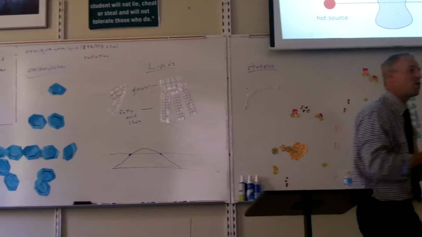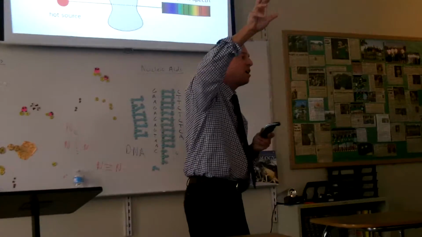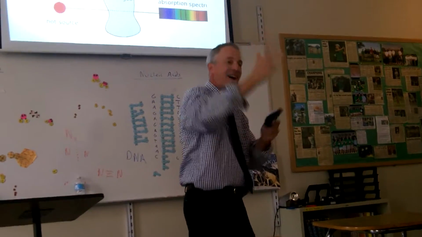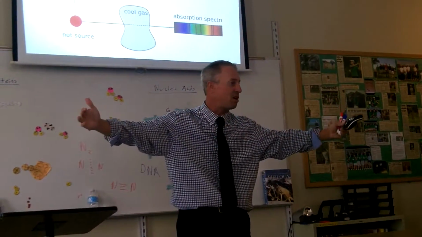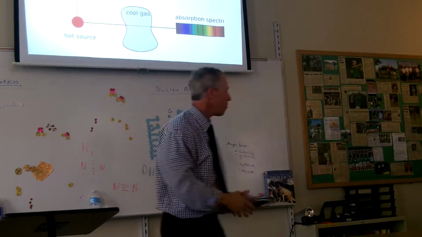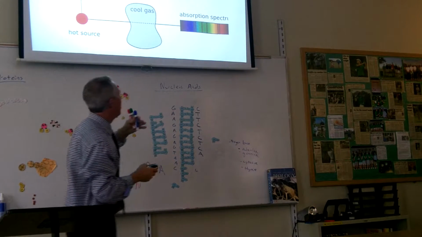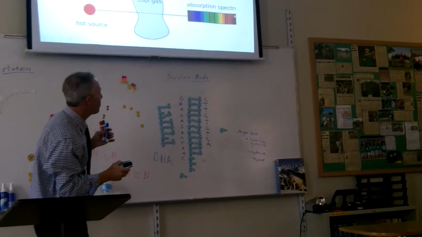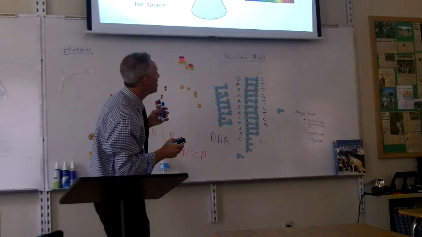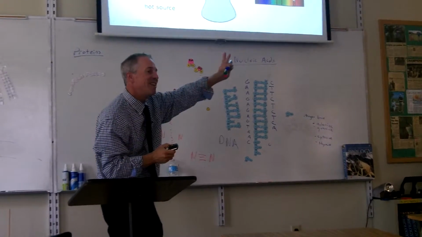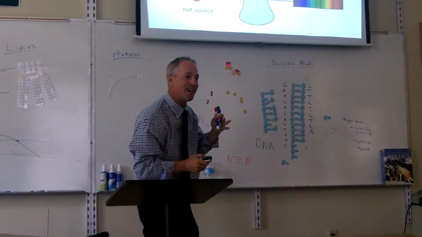So what we can do is we can look in space at a hot object like the sun. Now the sun gives off pretty much a complete spectrum. But if there's a gas in between us and the sun, we will see the complete spectrum of the sun with some lines missing and know that there's a gas in between absorbing the lines.